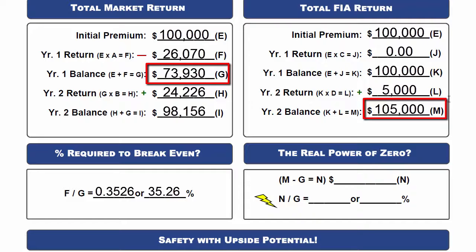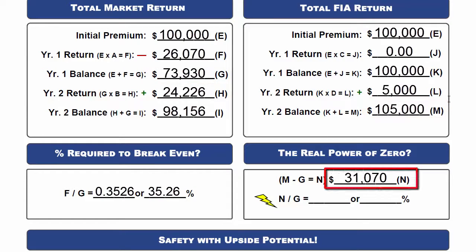So $105,000 minus the $73,930. When we do that, we get a total of $31,070.